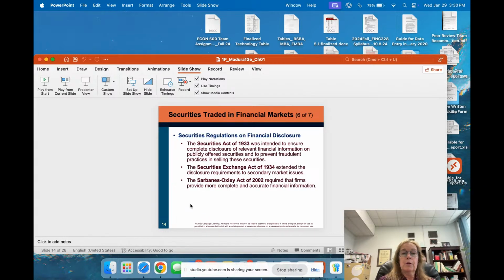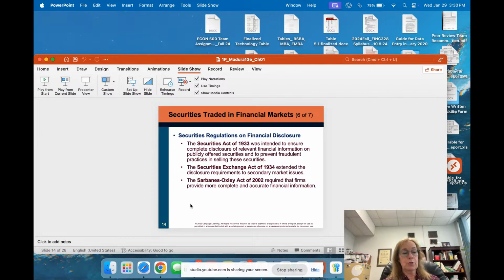Okay, they briefly talk about some of the securities regulations in the markets. As you all know, in 1929, the market crashed, and a lot of people lost a lot of money. It started the Great Depression and really affected the economy. There was a lot of speculation and fraud going on in the 20s up to the crash.